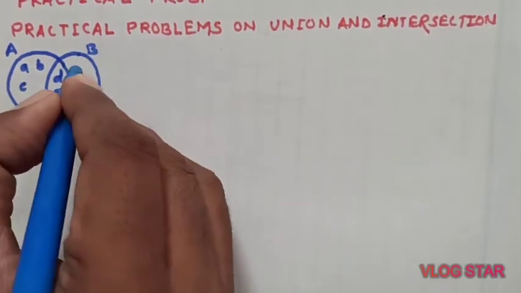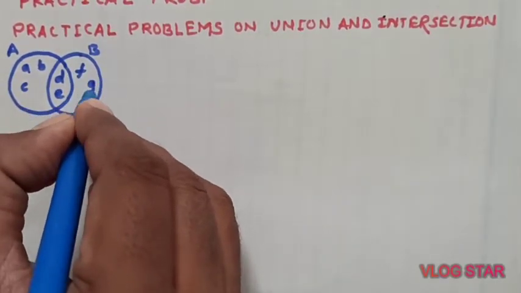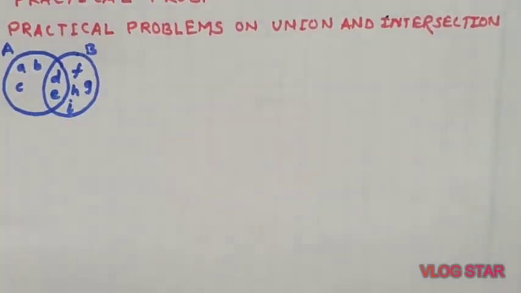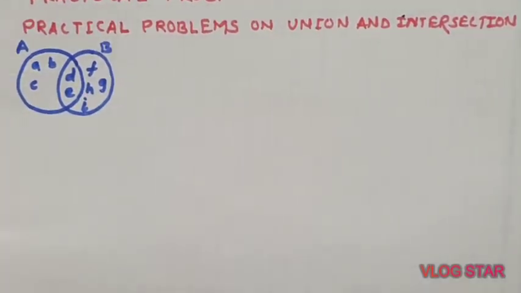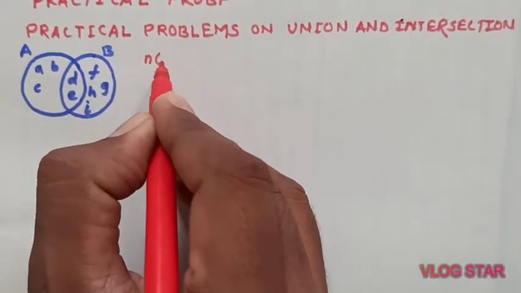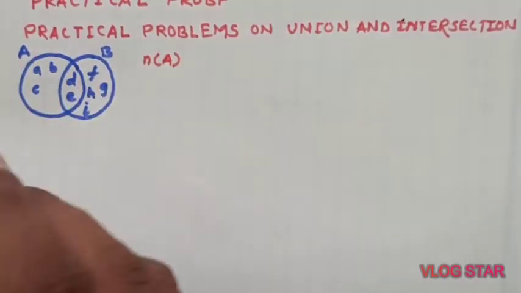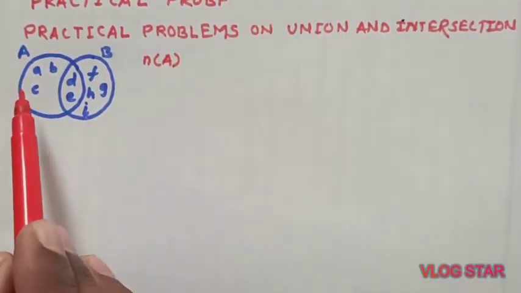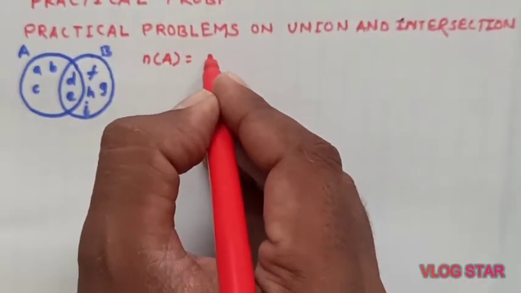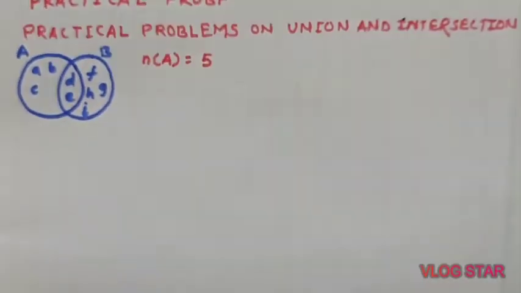B has f, g, h and i. Now my question is, how many elements does A have? So the number of elements in the given set A. I can count the number of elements from set A: 1, 2, 3, 4, 5. So A has 5 elements.